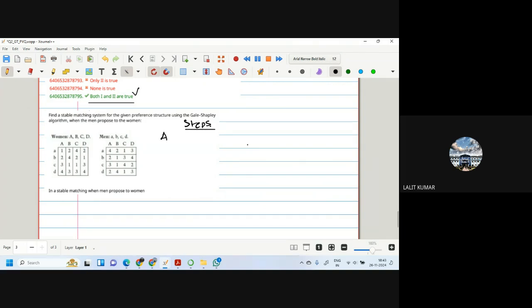So write for A: A, B, C, D. For B: B, C, A, D. For C: C, D, D, A. For small d: B, A, C, D. Similarly, we write for small a and small b.